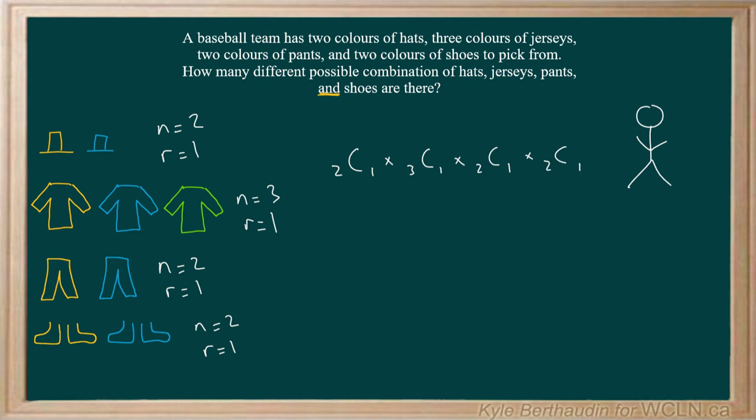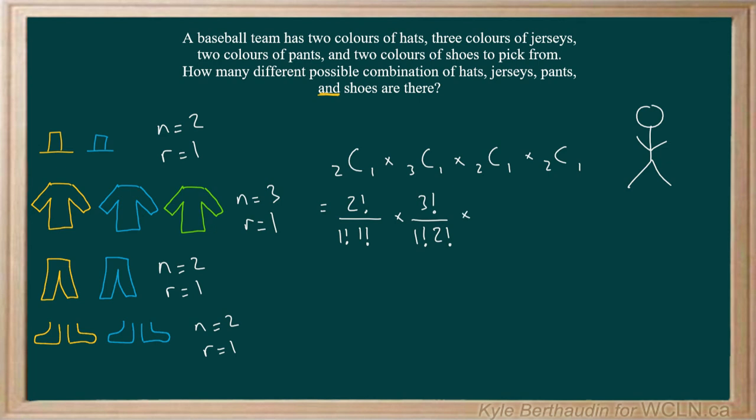We can go ahead and plug all of those into our combinations formula. So we'll have 2 factorial divided by 1 factorial multiplied by 2 minus 1, which is just 1 factorial, multiplied by 3 factorial divided by 1 factorial multiplied by 3 minus 1 factorial, which ends up being 2 factorial.